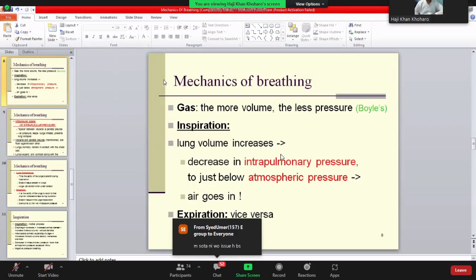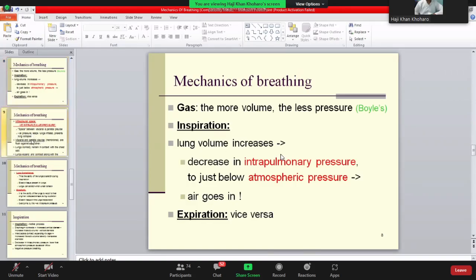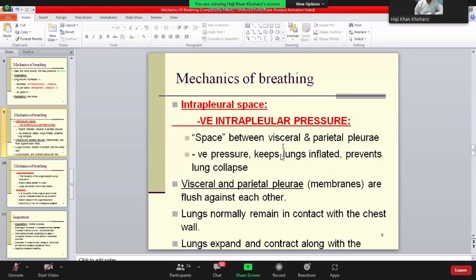Besides these two pressures, there is another very important pressure, which is known as intrapleural pressure. This is the negative pressure present between the two layers of the visceral and parietal pleurae, and this negative pressure works against the lung elastic recoil forces.